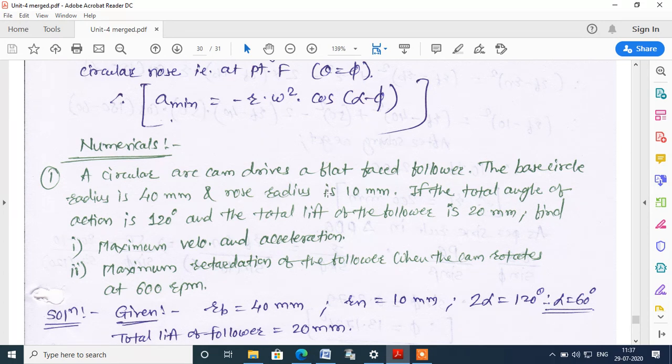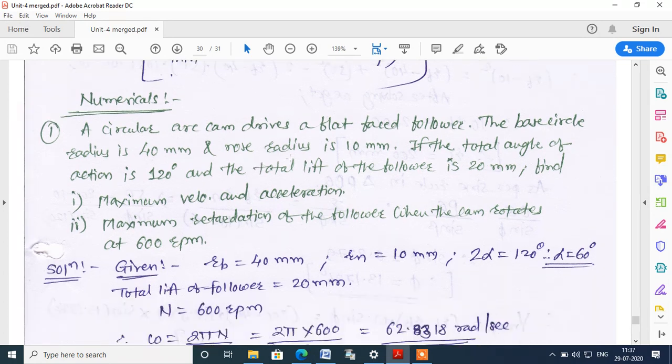If the total angle of action is 120 degrees and the total lift of the follower is 20 mm, find number 1, maximum velocity and acceleration, and number 2, maximum retardation of the follower when the cam rotates at 600 rpm. So when it is having contact with the nose, there is a retardation we have seen.